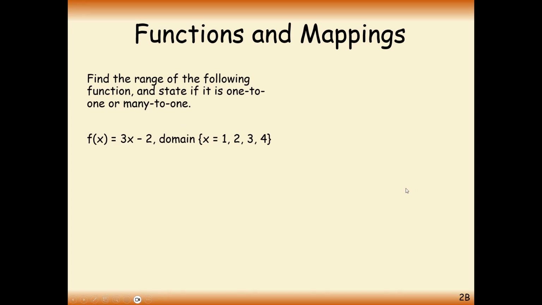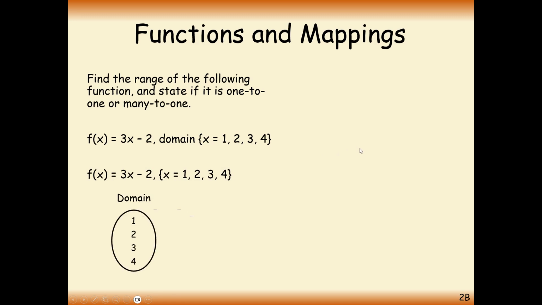In this function, we have 3x minus 2 as a definition, and the domain is only discrete values 1, 2, 3, and 4. Okay, so the range will also have discrete values.